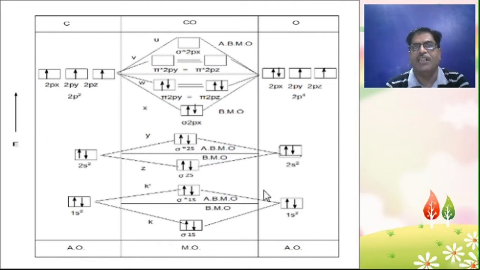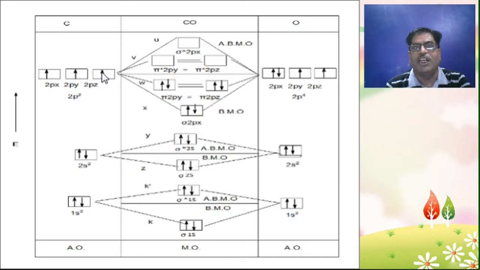Now let's see how we can draw the MO diagram. Here the carbon atomic orbitals, oxygen atomic orbitals, and CO molecular orbitals are formed. Carbon is 1s2, 2s2, 2p2. Here it is 2p2, not 2p3, I wrote 4 by mistake.